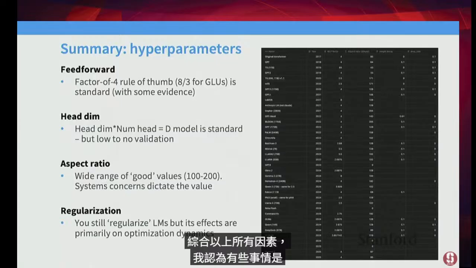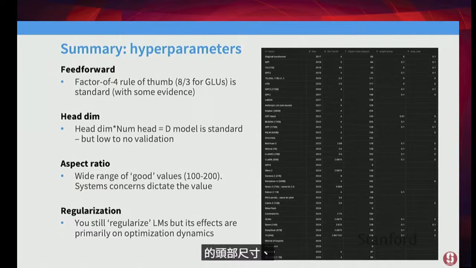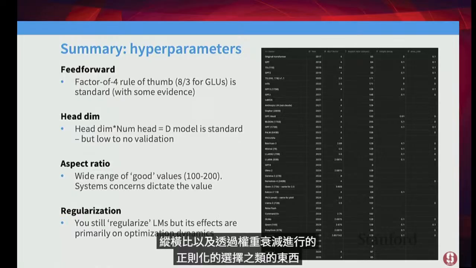Okay, so putting all that together, there are certain things that I think are just kind of no-brainers. If you're picking various hyperparameters for your model, you don't really need to think too deeply about them, in the sense that they've been validated and basically everyone else does them. This is things like the hidden size of an MLP, the head dimensions of your multi-head attention, your aspect ratio, and your choice of regularization through weight decay.